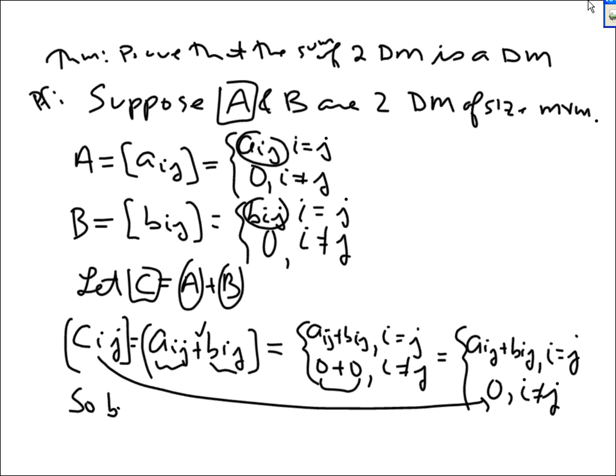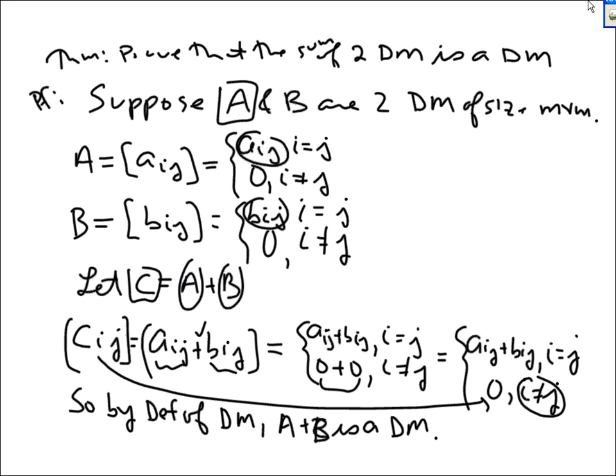So, by definition of diagonal matrix, A plus B is a diagonal matrix, because when i and j are not equal to one another, I get 0. And I should mention that it's a square matrix.